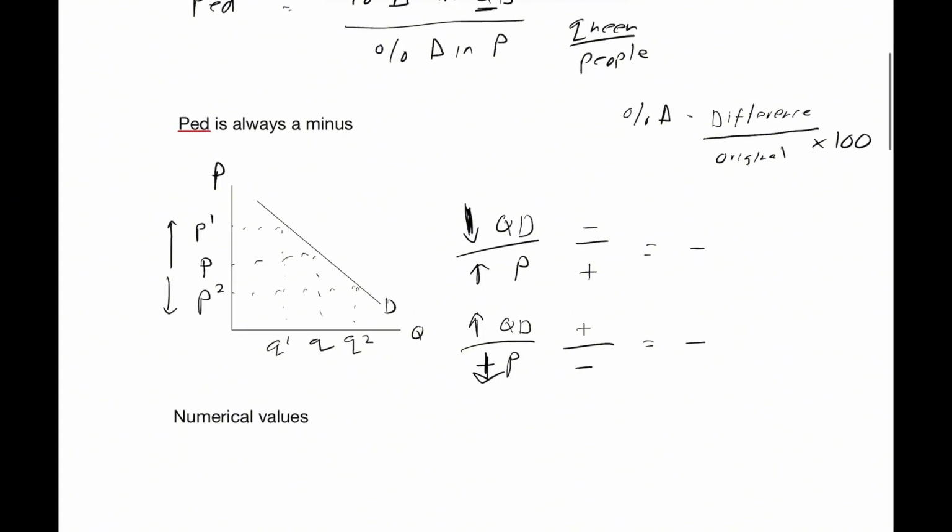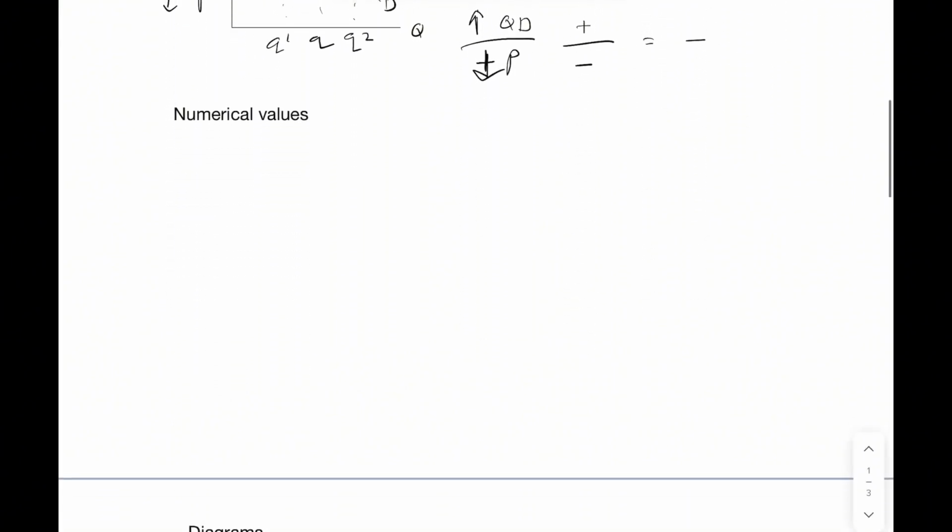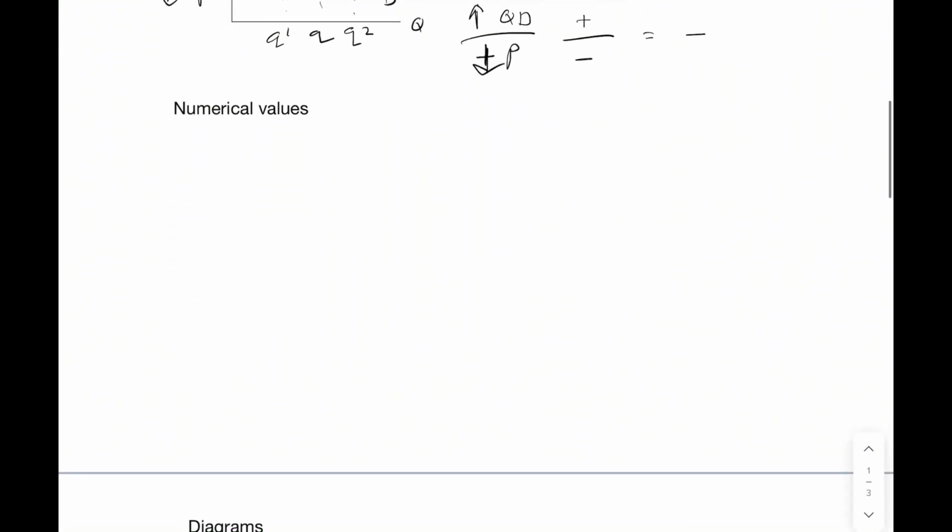Now let's look at the numerical values, okay? So now when it comes to the numerical values, we ignore the minus, but in the exam we don't, okay? So we're only going to ignore the minus when we're trying to determine the numerical value and try to interpret what that actually means. But in the exam, if the answer is a -5, then you write down -5, okay?